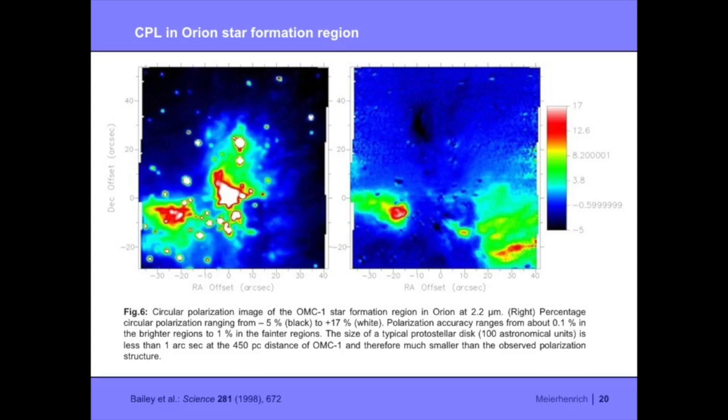Since 1998 and a publication by Jeremy Bailey, we know that electromagnetic radiation in these environments, for example the Orion molecular cloud number 1, in the star formation region, is at least partly circularly polarized. This means that the electric field vector moves around the translation axis of your light.